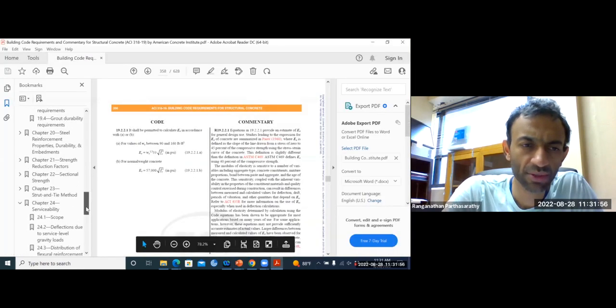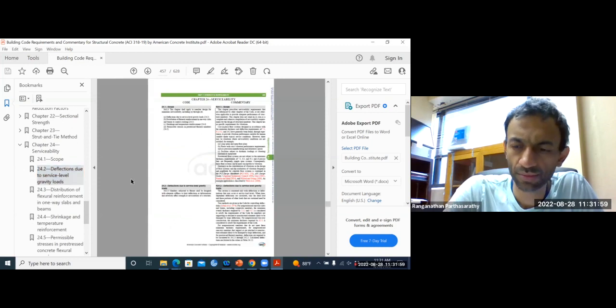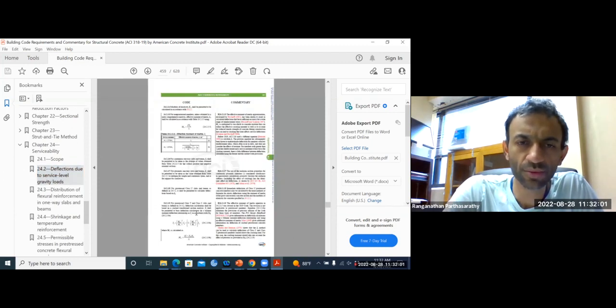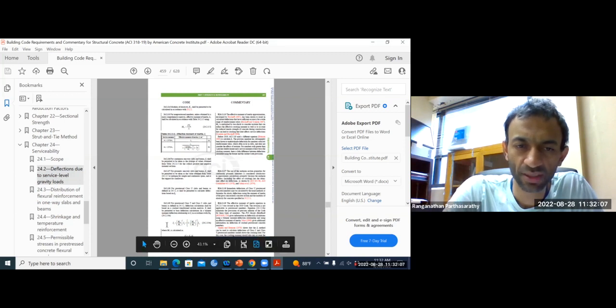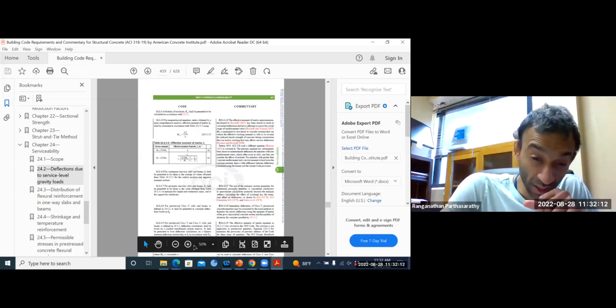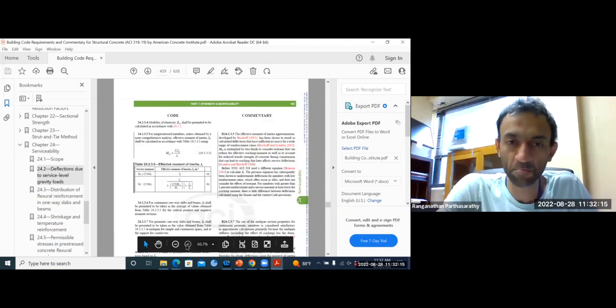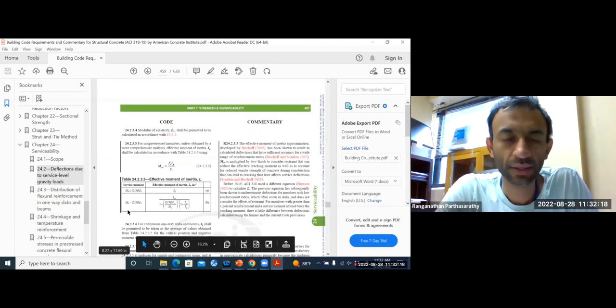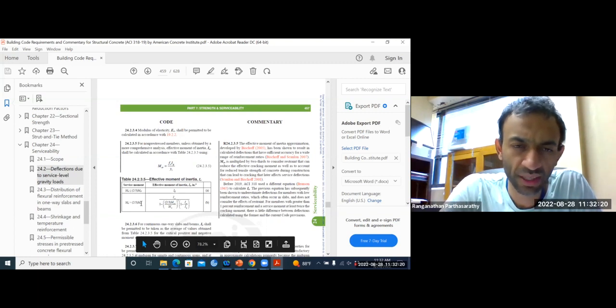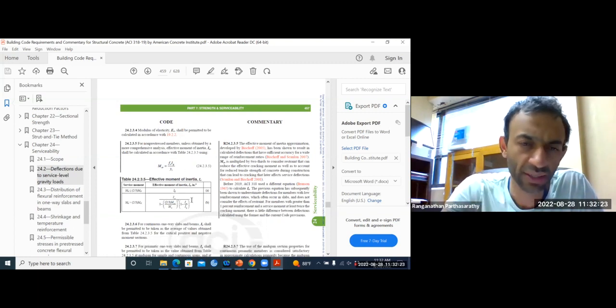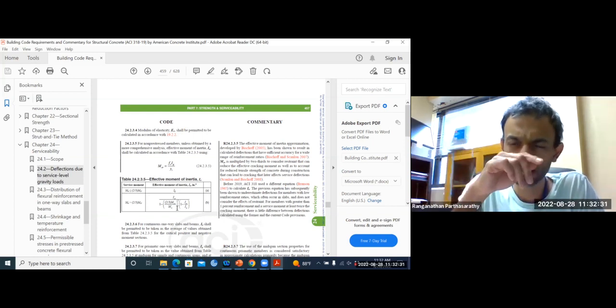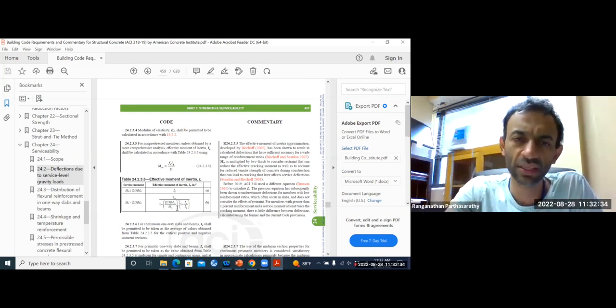Let's come back to chapter 24. Okay, so from the interpolation formula, you can see that effective moment of inertia depends on your applied moment. That means the more your applied moment, the more it's going towards a cracked section, and your moment of inertia keeps going down.